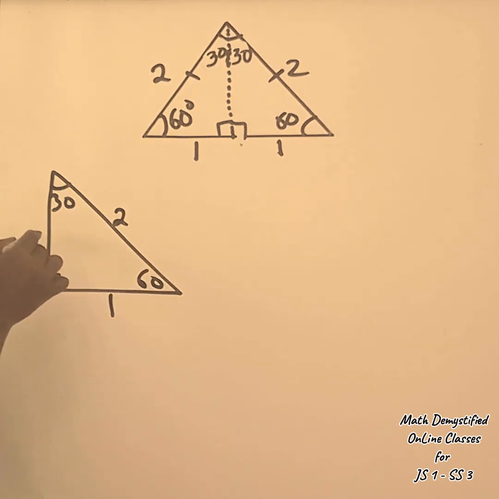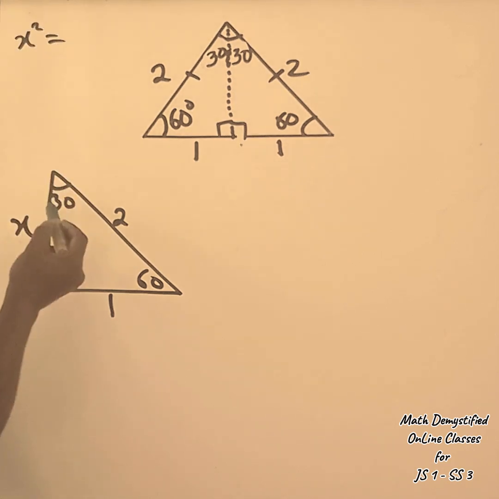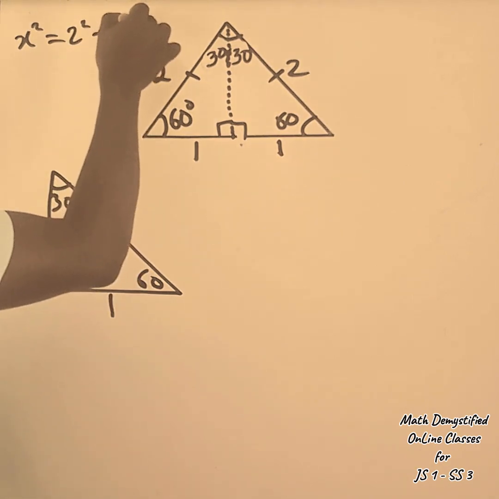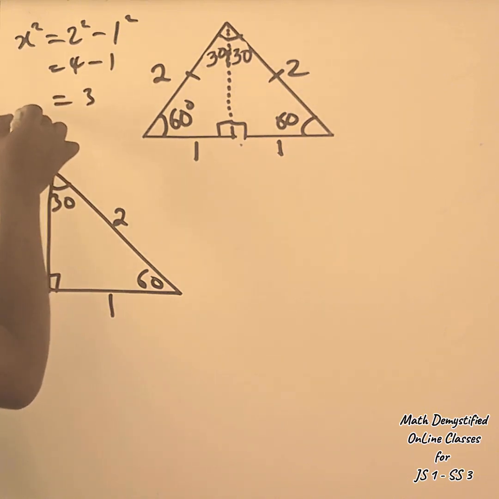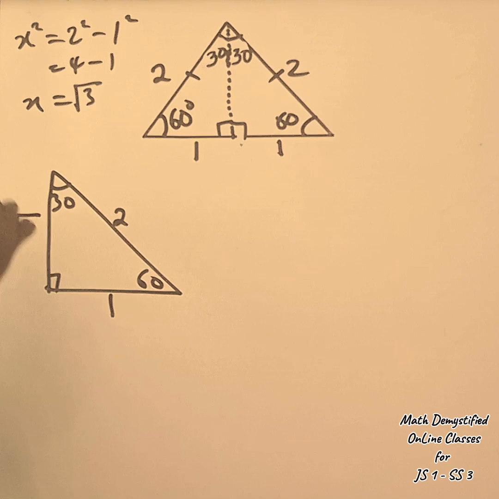To get this, I can use my Pythagoras theorem. If I call this x, then x squared equals 2 squared minus 1 squared, and that will give me 4 minus 1, and that is 3. So my x will now be square root of 3. So this place will now be square root of 3.